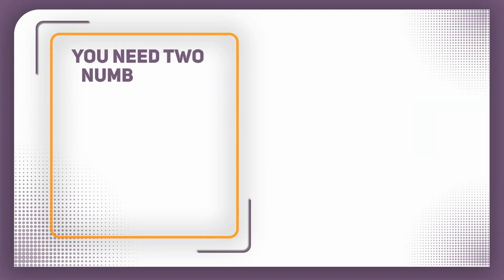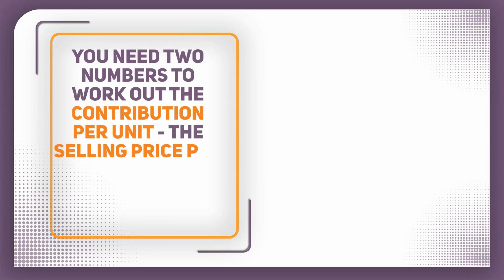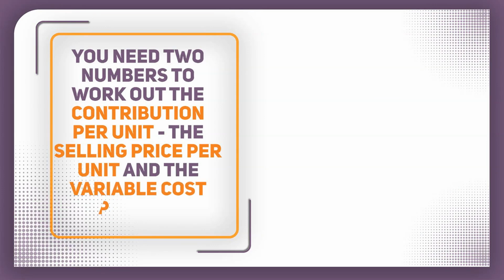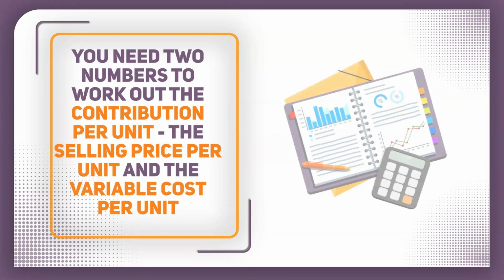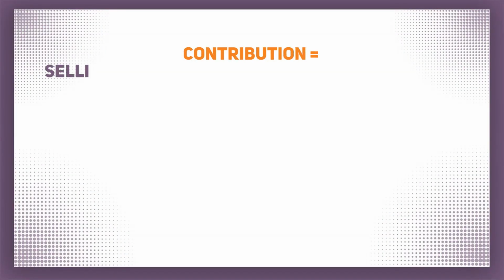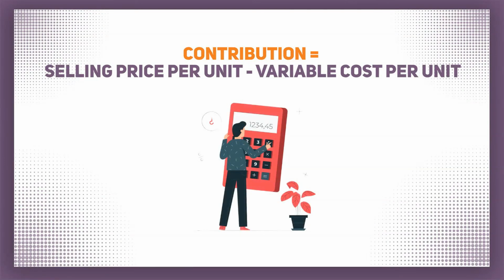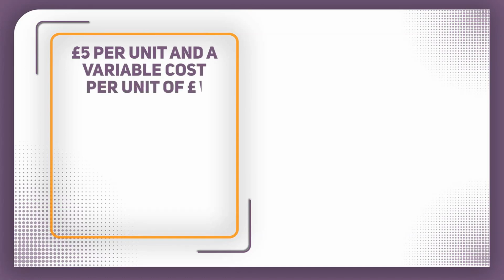You need two numbers to work out the contribution per unit: the selling price per unit and the variable cost per unit. You can then use the contribution per unit formula, which is contribution equals selling price per unit minus the variable cost per unit. So let's say that you have a selling price of £5 per unit and a variable cost per unit of £1.